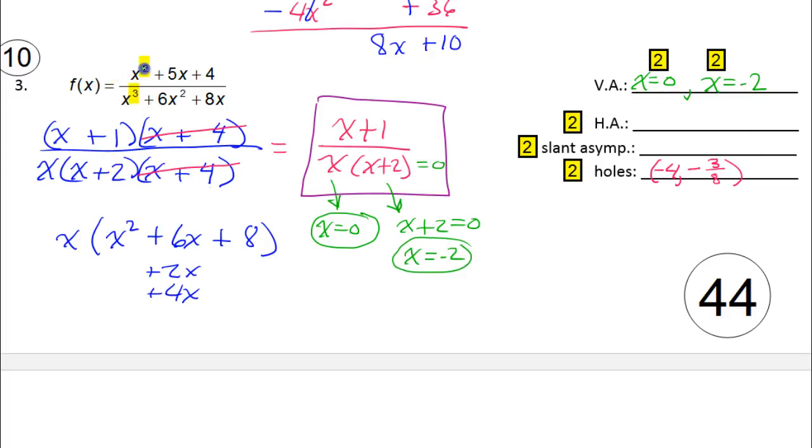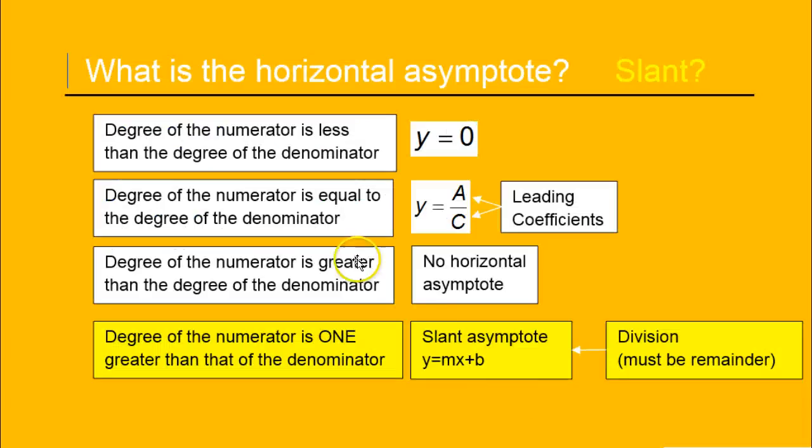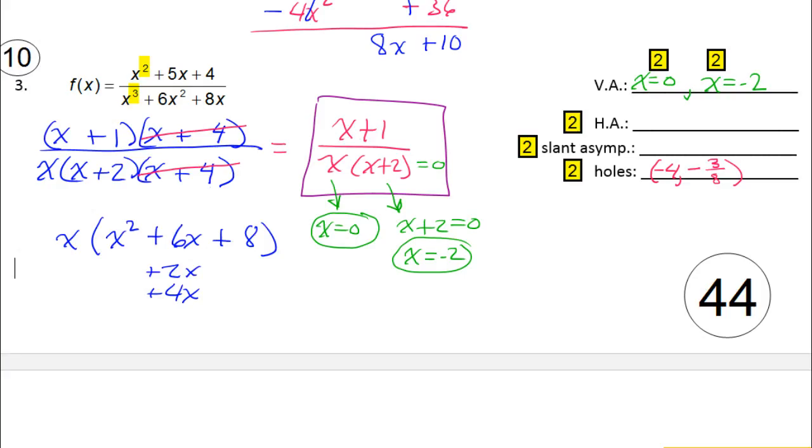So the numerator degree is less. And if the degree of the numerator is less than the degree of the denominator, that's when the horizontal asymptote is y equals 0. So that's it. The horizontal asymptote is y equals 0.